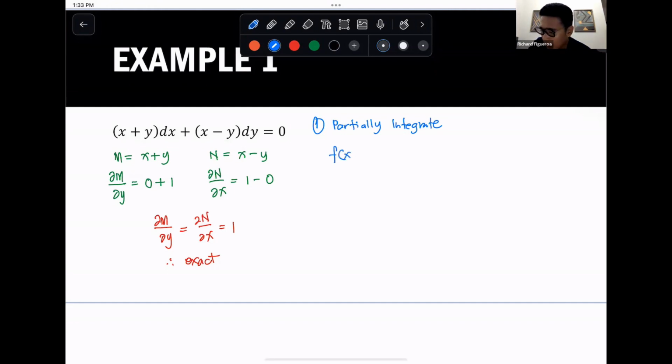So f of xy is equal to the integral of m of xy dx plus p of y. We substitute, ang m of xy natin is x plus y. So we integrate x plus y dx then plus p of y.